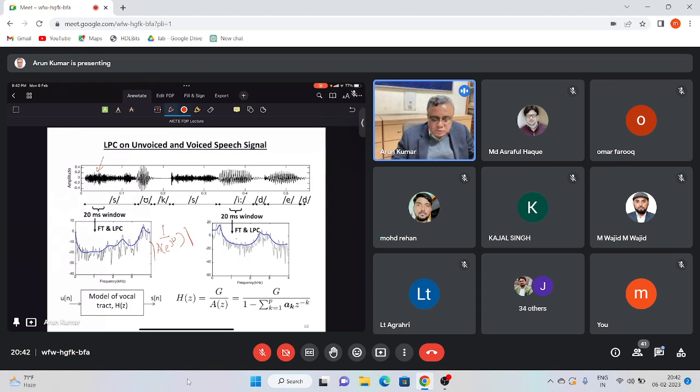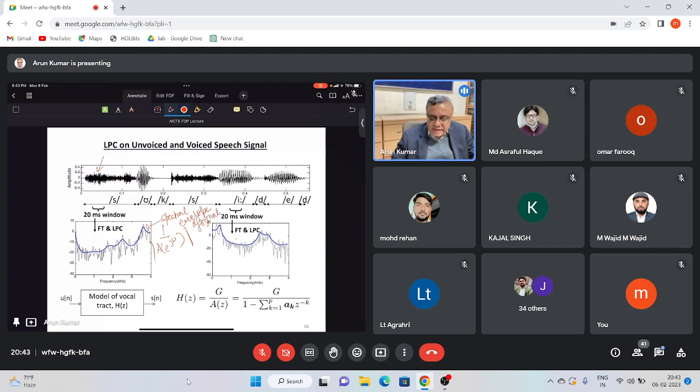So we see that this blue line essentially encompasses the Fourier transform. In fact, it is called the spectral envelope. It determines the spectral envelope of the signal.